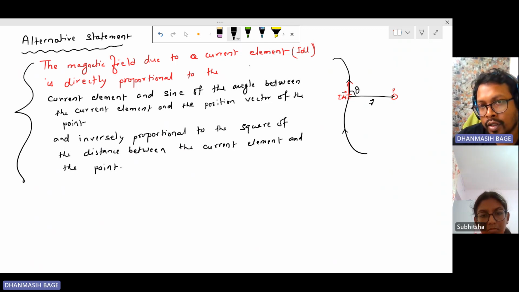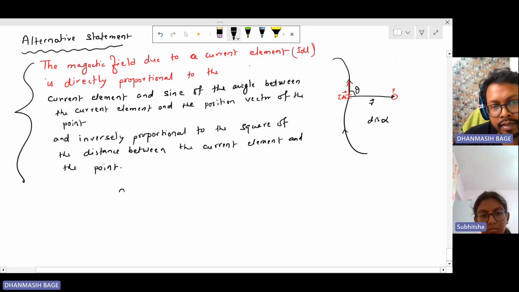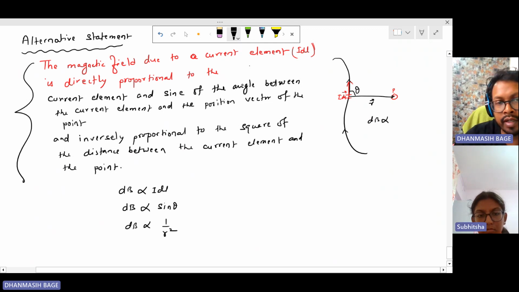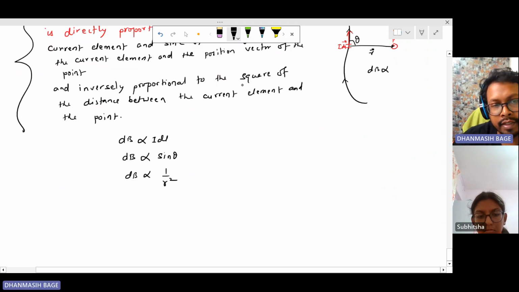Angle between them, right? So in this case, you can clearly see that dB is directly proportional to I dl, directly proportional to sine of the angle theta between them, and inversely proportional to the square of the distance between them. That's it.